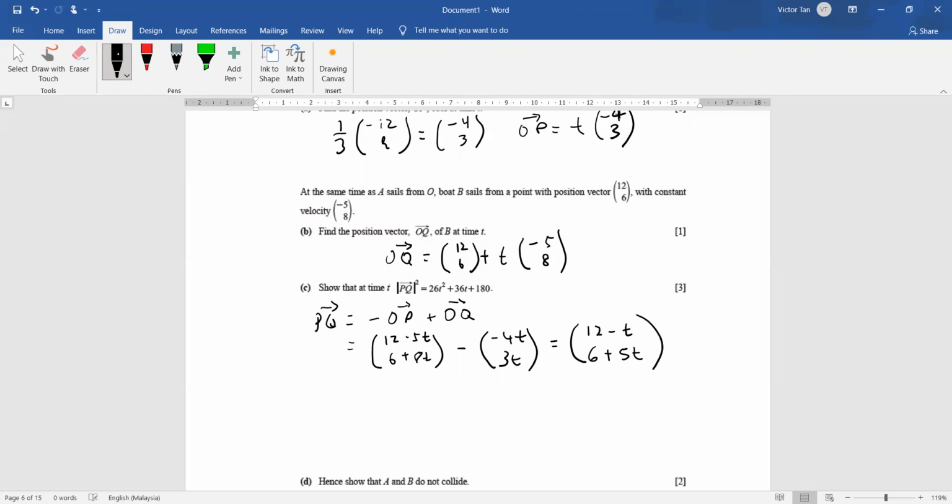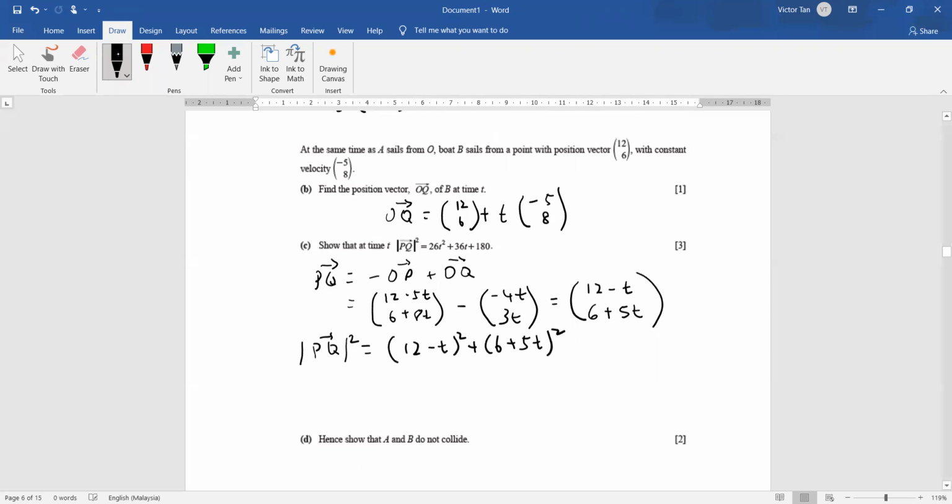Okay. So the magnitude of PQ squared would be 12 minus t squared plus 6 plus 5t squared. So this will be equal to 144 minus 24t plus t squared plus 36 plus 60t plus 25t squared.